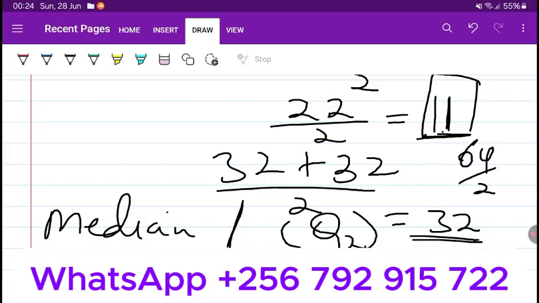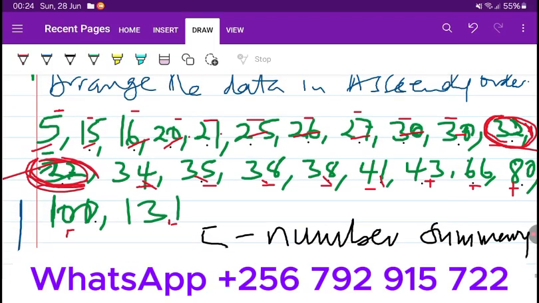There is a very big reason as to why I started with the median instead of starting with the Q1. Now, for the Q1, we are now moving to the left. We have divided these values, and we have said this and this, they represent our median.